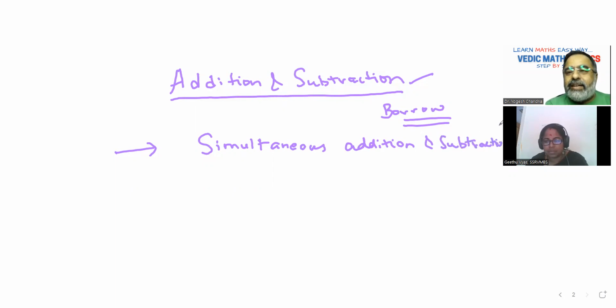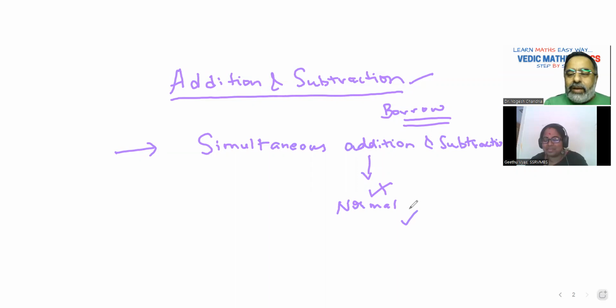We'll discuss in detail today, but just to inform you, it's not possible in normal maths to do addition and subtraction simultaneously, whereas it is very easy, very fast in Vedic mathematics, right?